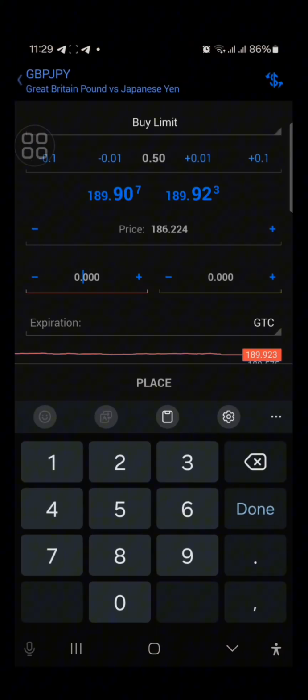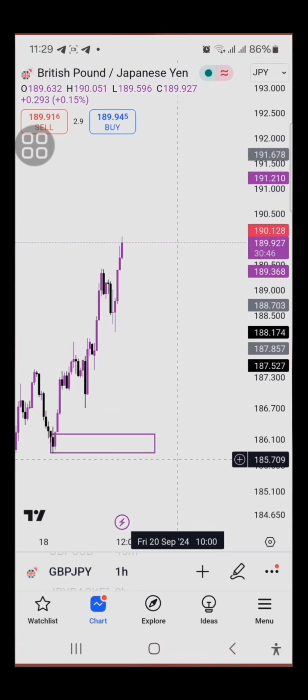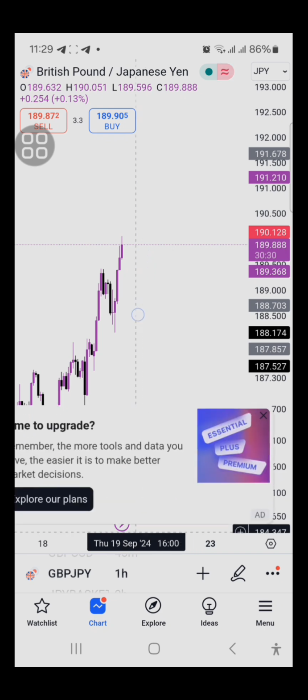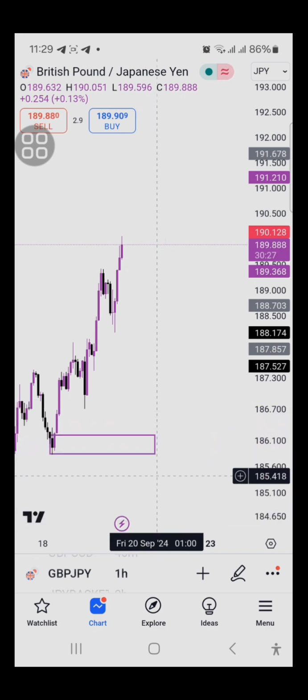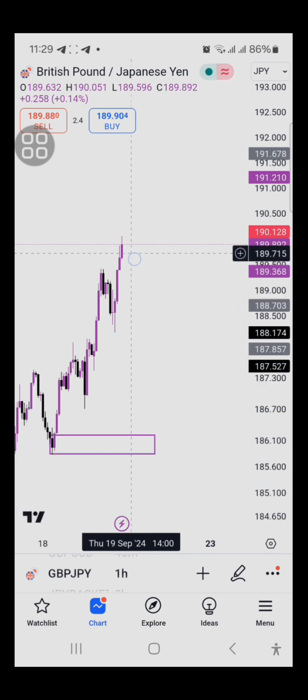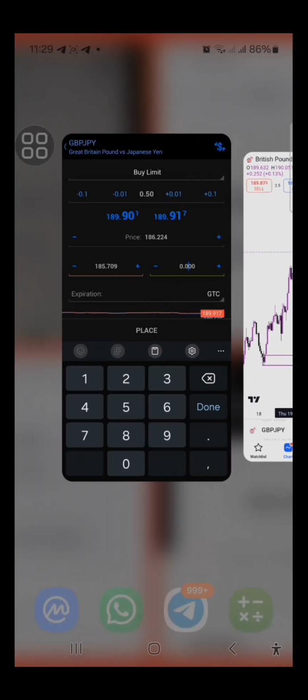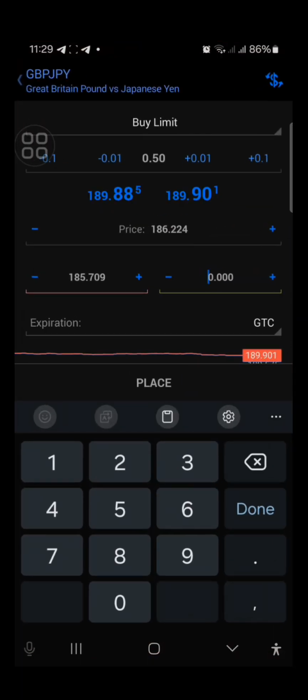185.709 is the stop loss, and let's say my take profit is at this liquidity zone right here, 189.194.